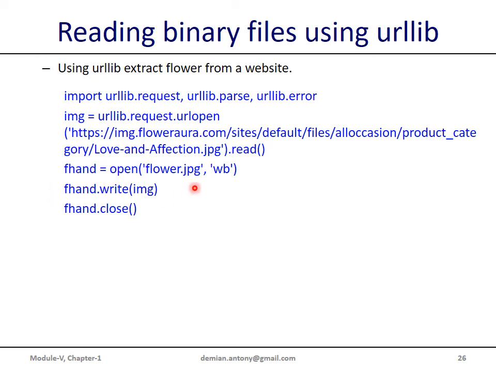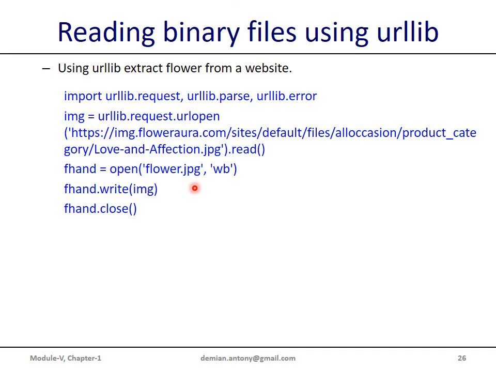For example, if you want to read all the flowers that are present in the online flower shop, how do you extract and download all these flowers? There are two stages. The first stage is to use BeautifulSoup to extract all the img tags and their source links.